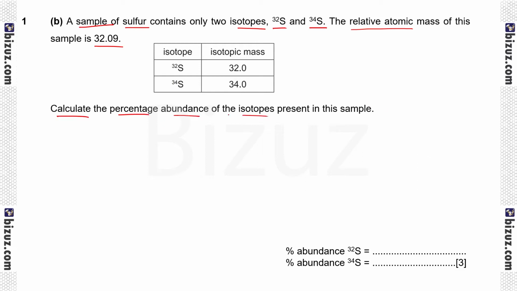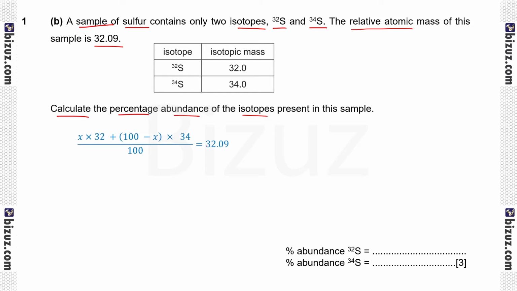To calculate the percentage abundance of these isotopes in the sample, let us take the percentage abundance of any of these isotopes to be X. So here we have taken the percentage abundance of sulfur-32 to be X. So X times 32 plus, for sulfur-34, the percentage abundance will be (100 minus X) times 34.